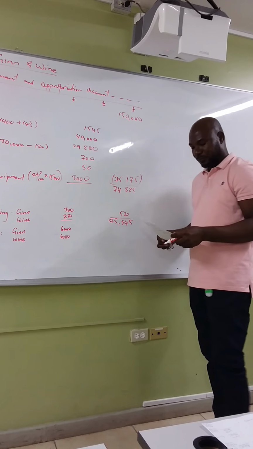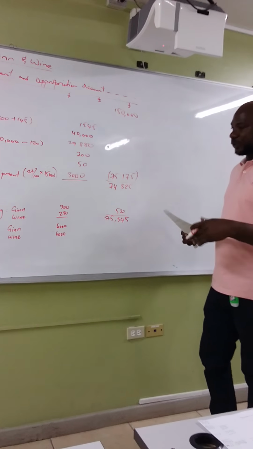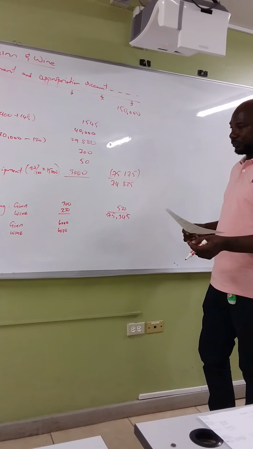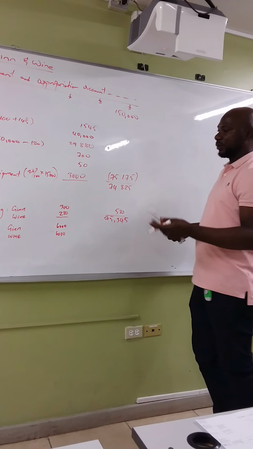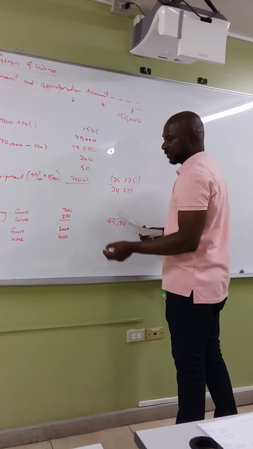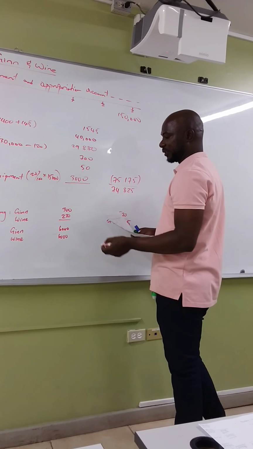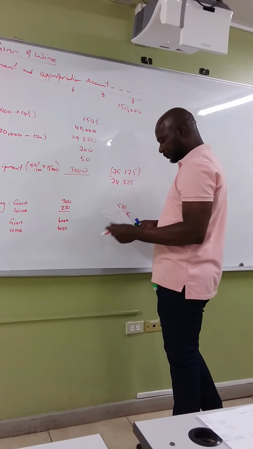And again remember that there was no salary paid out, no bonus paid out, and no interest on loan. So the only thing we would have subtracted is interest on capital.